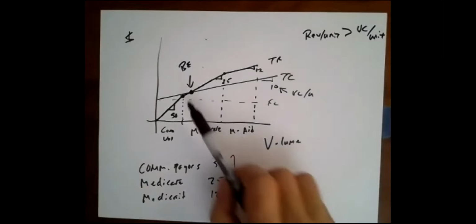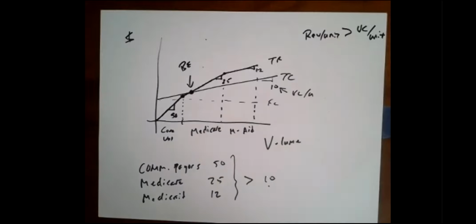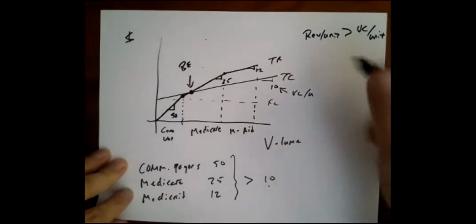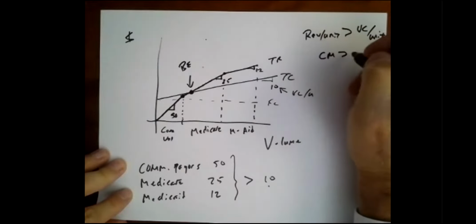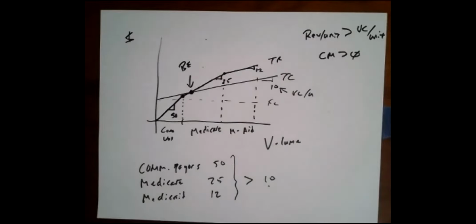Right. Once you've gotten through break even, you would want to continue to take additional workload as long as revenue per unit is greater than variable cost per unit, because in this case, contribution margin would be greater than 0.